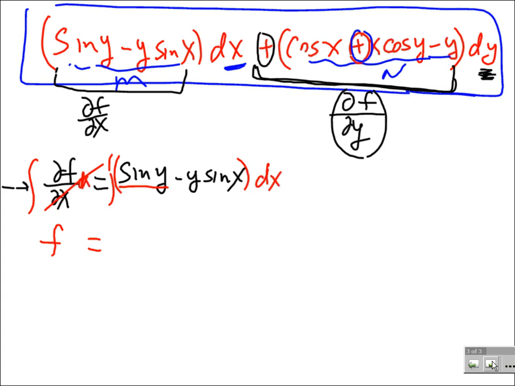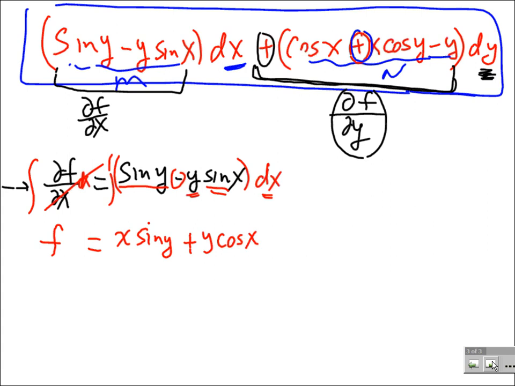This is a constant, the integral of a constant times dx is just x times the constant. Minus y is a constant. The integral of sine of x is negative cosine of x.